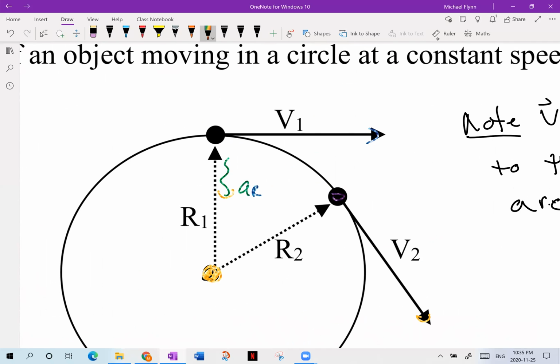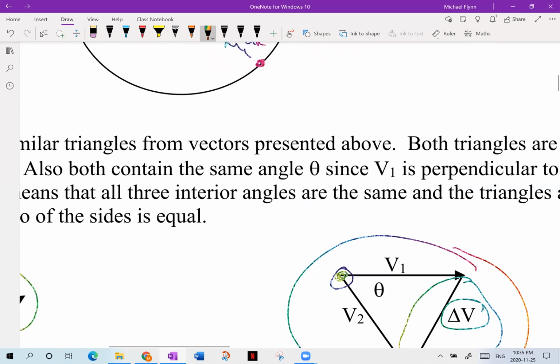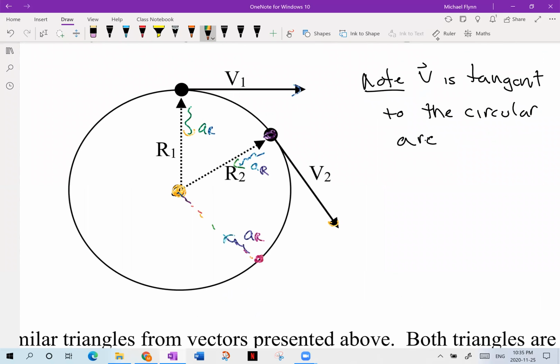But then when it's in this position over here, that direction will change, but it's still towards the center. No matter where the object goes, it will accelerate in a radial sense towards the center of the circle. So that direction is changing depending on where you are in the circle, but it's always towards the center. So I call it radial, along a radial line. Like this is a radial line towards the center of the circle, okay?